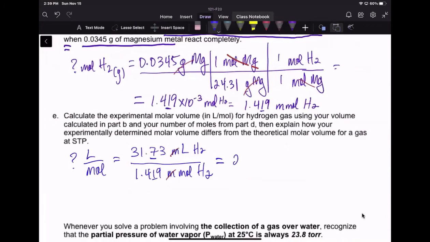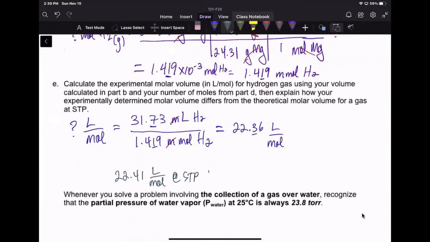And I get 22.36 liters per mole. All right, we would compare that to our theoretical value, the one we calculated before, which was 22.41 liters per mole at STP. So that's really close. Okay, anytime you are collecting a gas over water, which is a really good way to collect that gas, to trap it in a container, don't forget to use the vapor pressure of water.